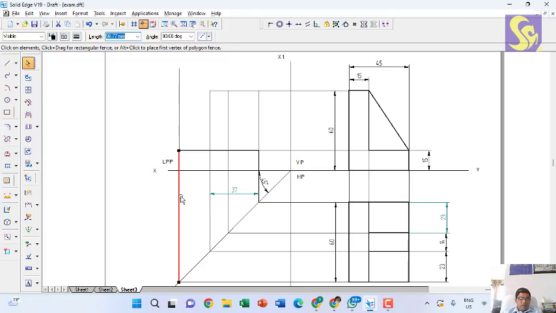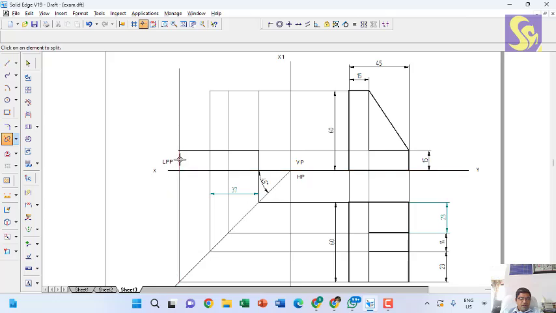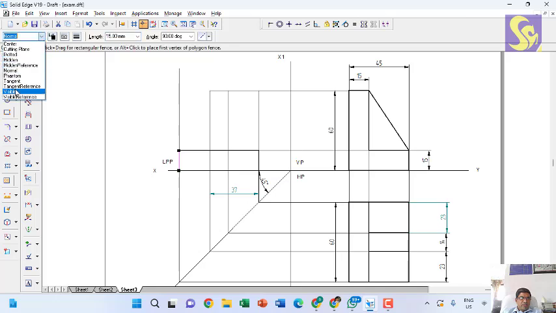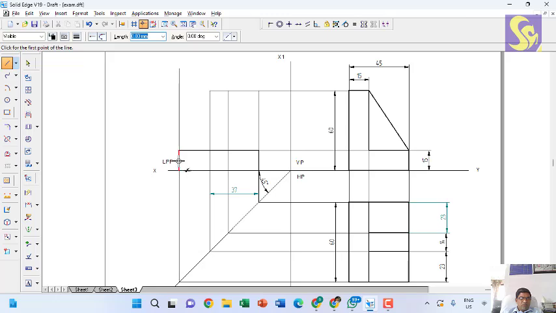And also I need to have this to be split, so that I can make this visible, and I'll draw a visible line indicating the base.